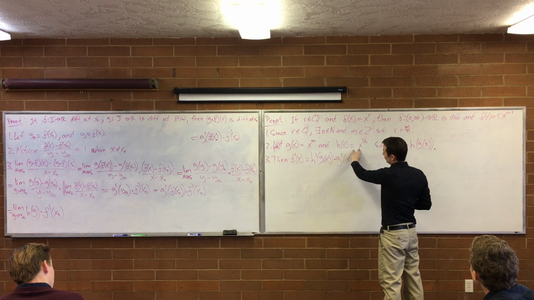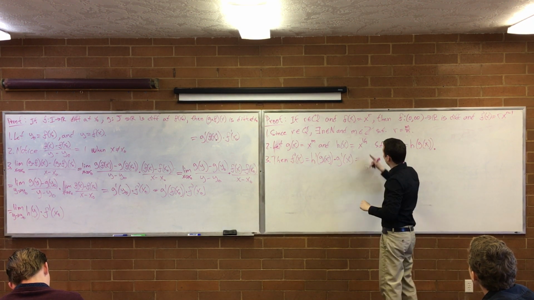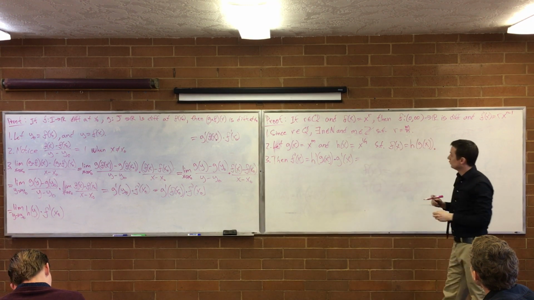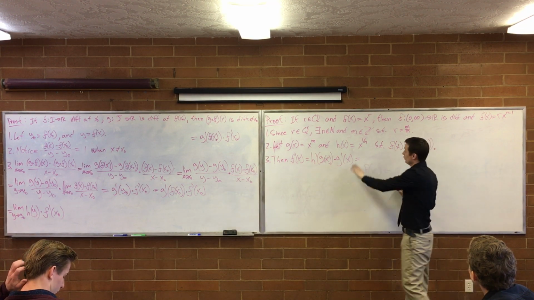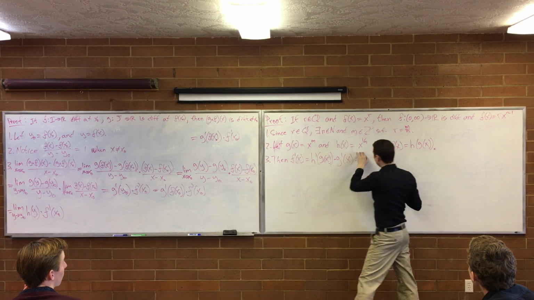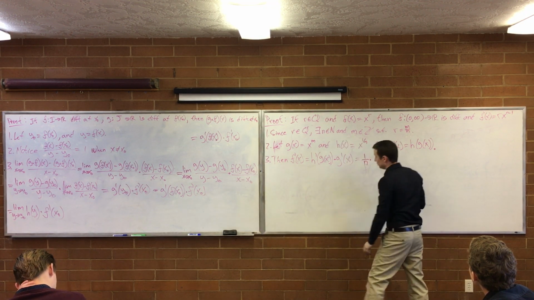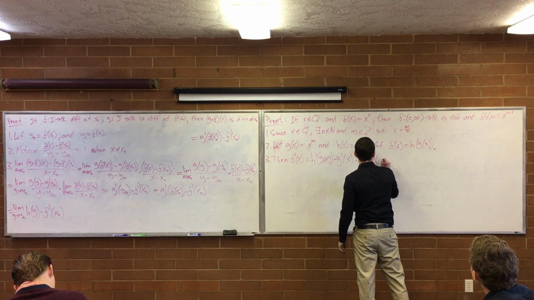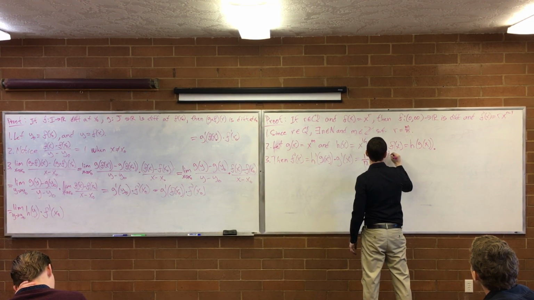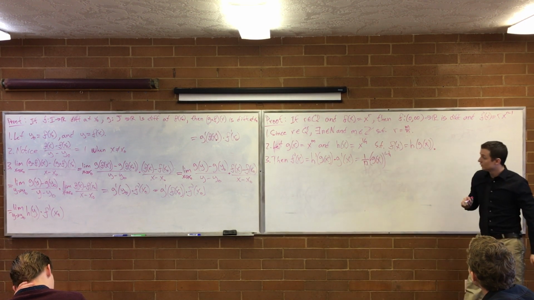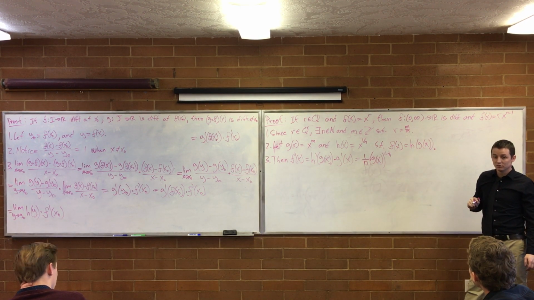We'll just do it how we have it written here. It shouldn't matter which way we do it. So the derivative of this is 1 over n times g of x to the 1 minus 1 over n. Good with that? Okay, yeah.